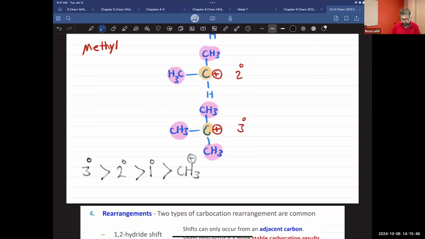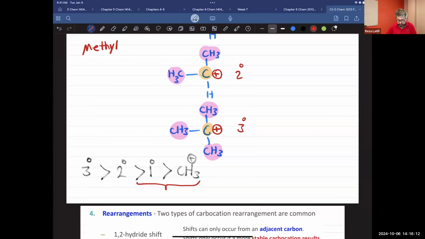In fact, these 2 are going to be rare, or you're not going to see them. The methyl CH3, that's not going to happen. You're not going to be able to catch a carbon that's attached to 3 hydrogens and still has a positive charge. That one in reality is not going to happen because it's so unstable.